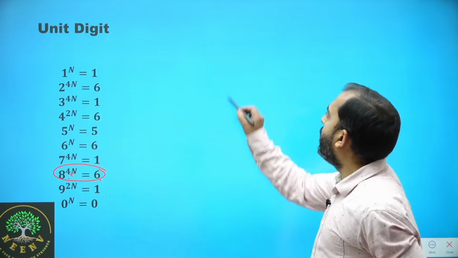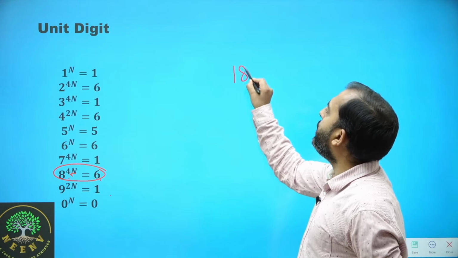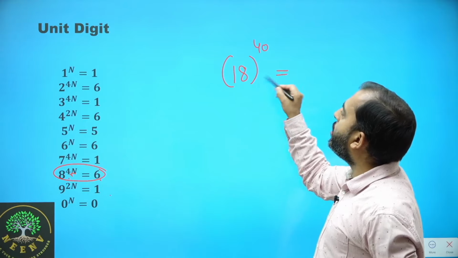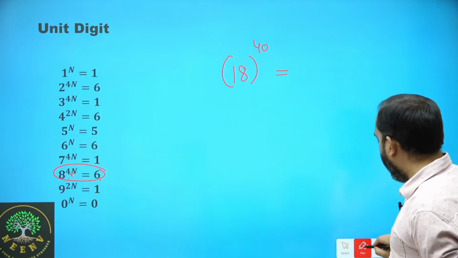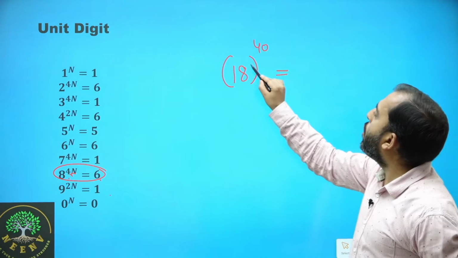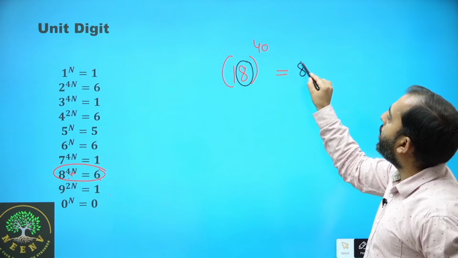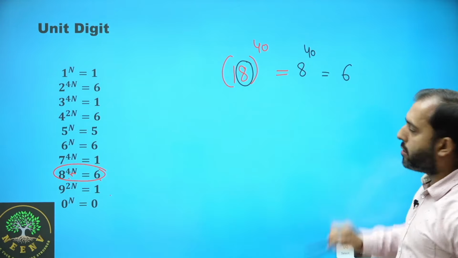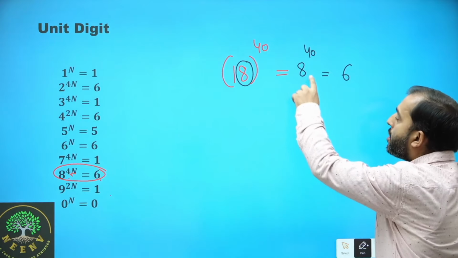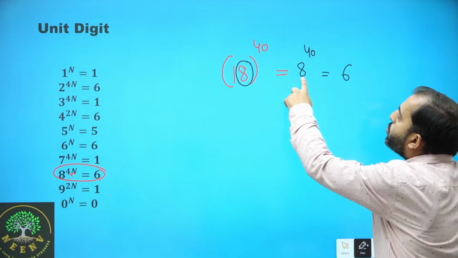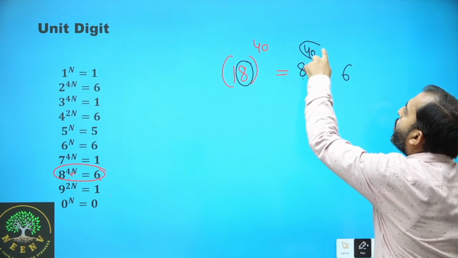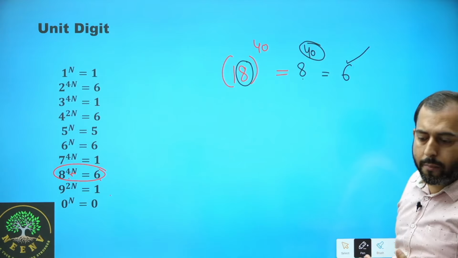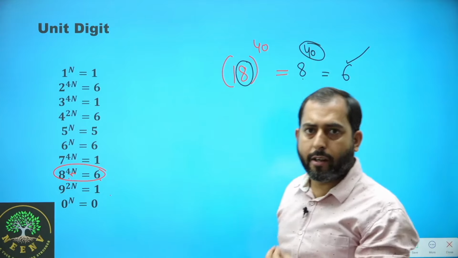Now, suppose 18 power 40. The unit digit of 18 power 40 and the unit digit of 8 power 40 will be 6. Why? Because 8 raised to the power any multiple of 4 will produce 6 as the unit digit. I hope these concepts are clear.